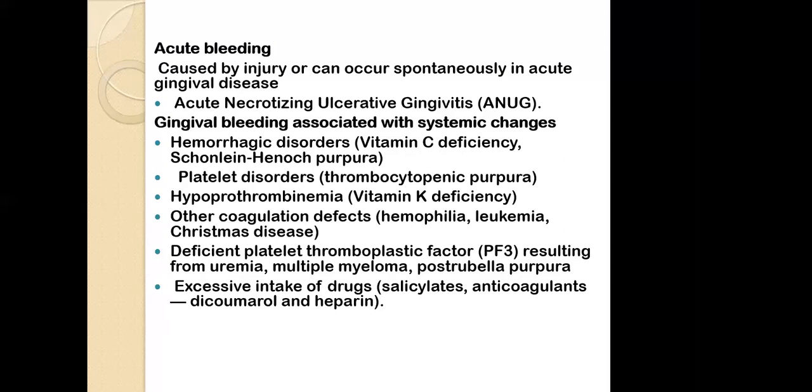So, in fact, acute bleeding will be caused by injury or can occur spontaneously in acute gingival disease. Then there's acute necrotizing ulcerative gingivitis. I think Dr. Quizra talked to you about this.